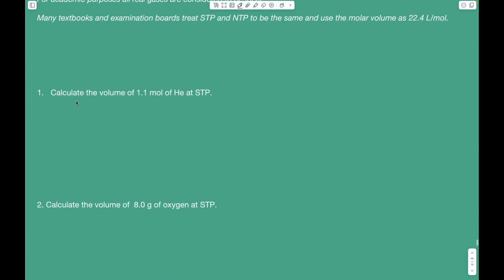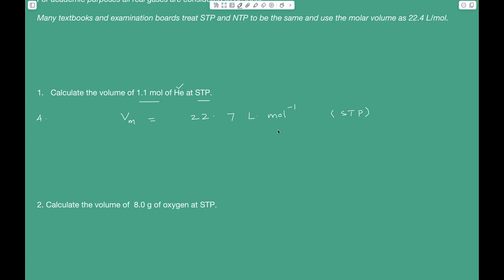And with that, we are ready to work out some examples again. In this question, we are asked to calculate the volume of so many moles of helium at STP. Now, how do we answer this question? We know that the molar volume of a substance is its volume per 1 mole of that substance. And for an ideal gas at STP, the molar volume is 22.7 liter per mole.